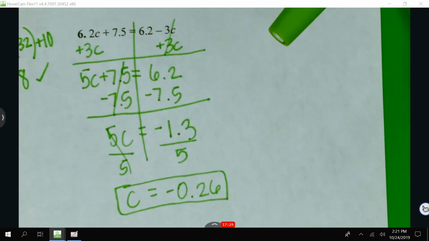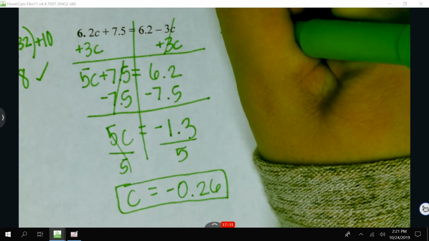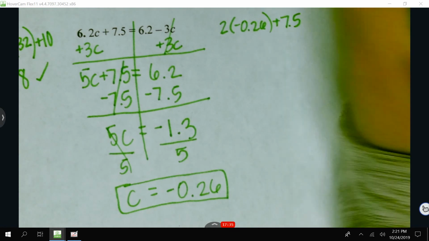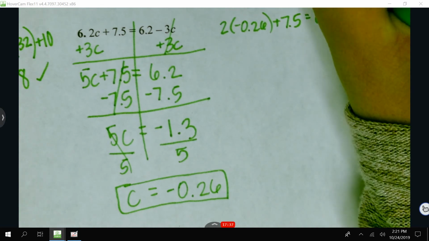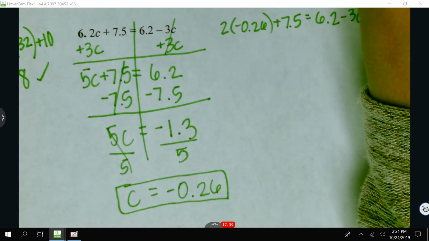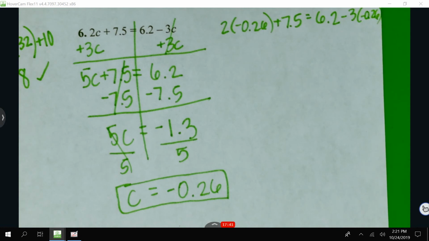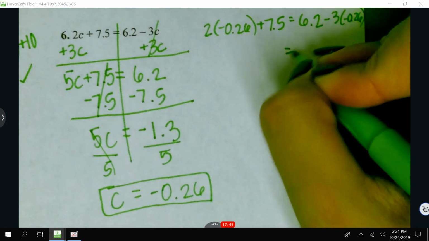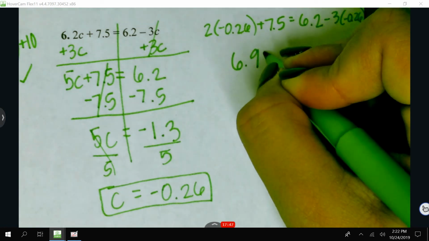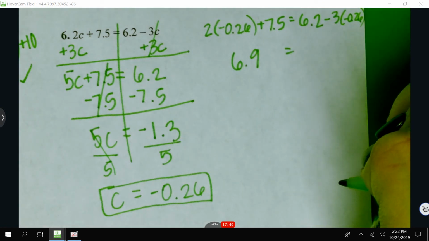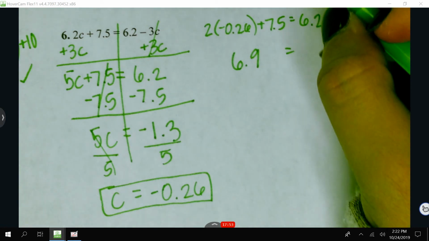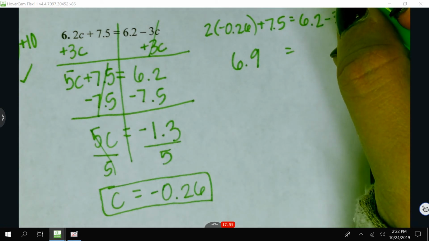So if I check it, I have 2 times negative 0.26 plus 7.5 equals 6.2 minus 3 times negative 0.26. I got 6.98. Somebody check, because I heard 6.96 and 6.98.